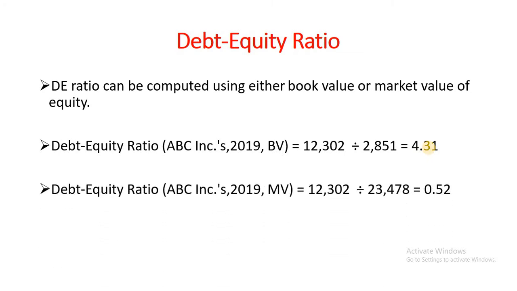But if we use the market value of the equity, debt to equity ratio of ABC Incorporation is only 0.52. So if we use book value of the equity, we'll say that ABC Corporation is in a risky situation. But if we use the market value of the equity, we will not find any risks with the ABC Corporation's operation.